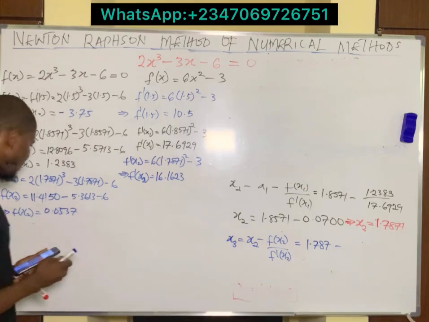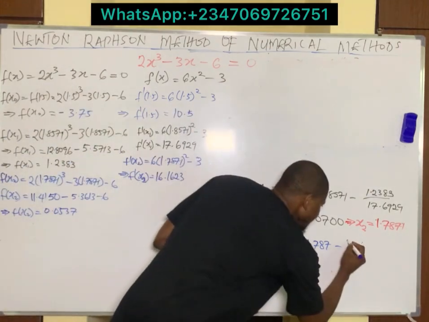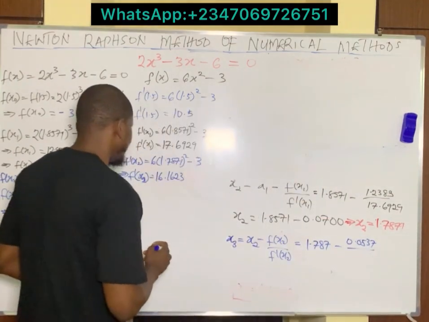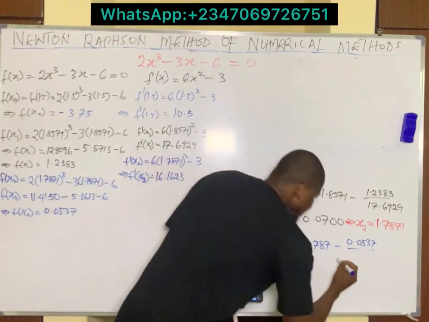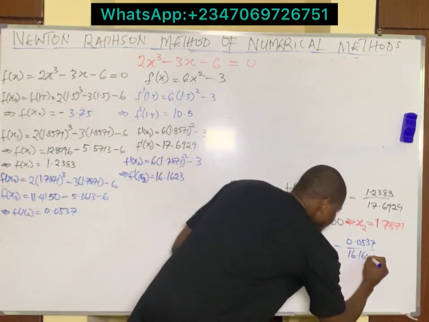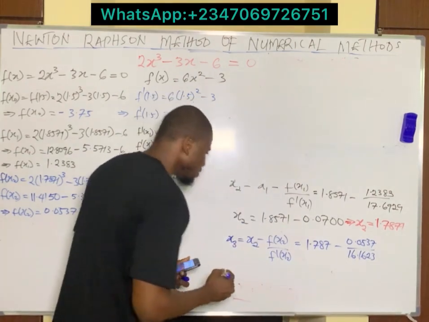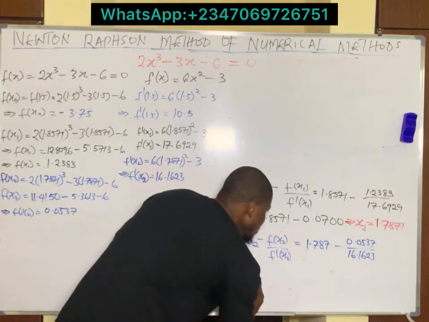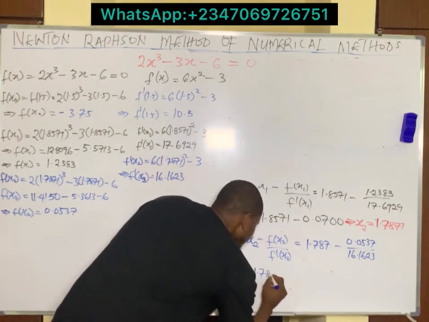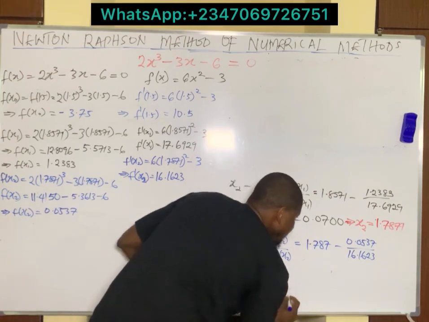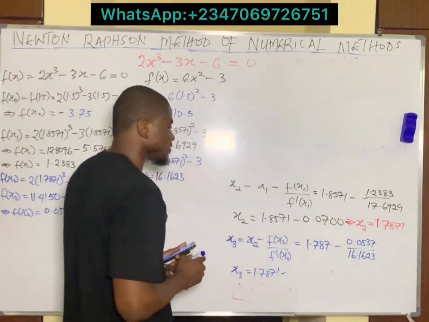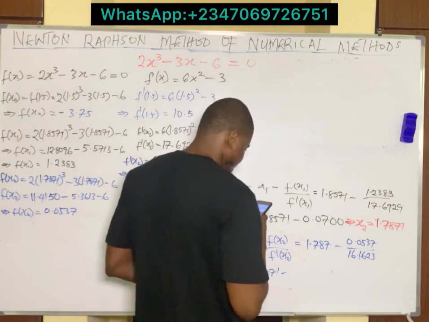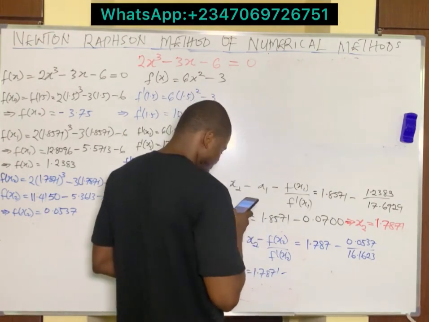So having found this, we plug into the formula. 0.0537, that's f of x, divided by f prime of x, 16.1623. So x3 is going to be equal to 1.7871 minus, let's find the value of this ratio, 0.0537 divided by 16.1623.